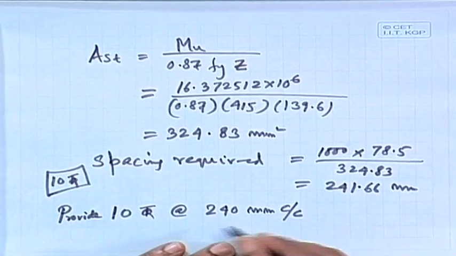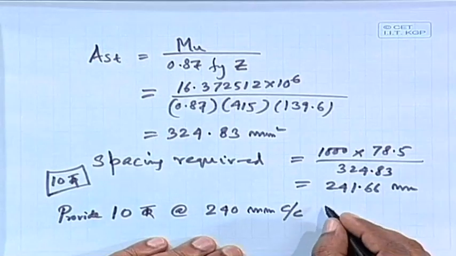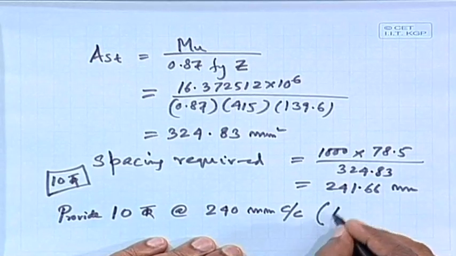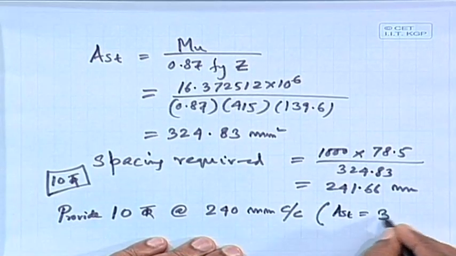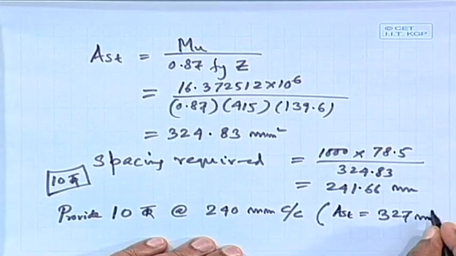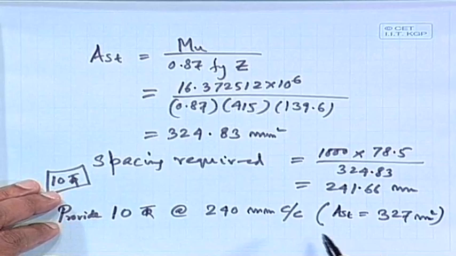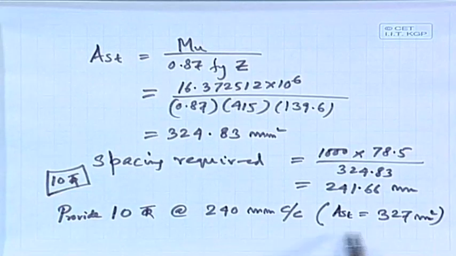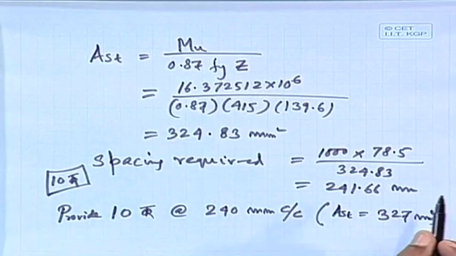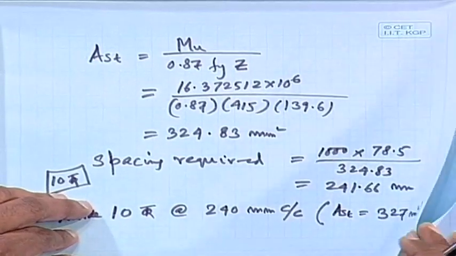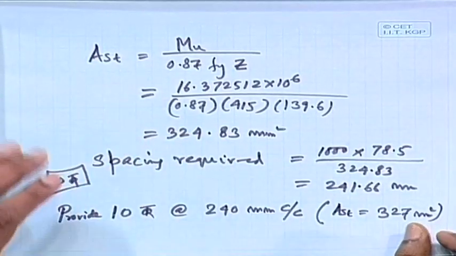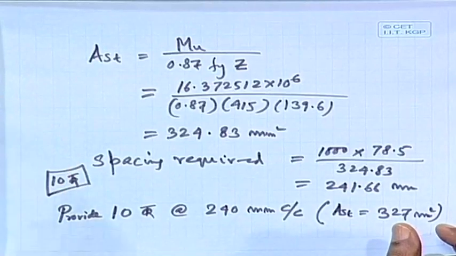We can go a little less also, but anyway. So, this is coming as Ast 327 square millimeter. It is always necessary to write down how much area of steel you are providing, because you may require it later on. That is why you always write this down, as we did last time also. So that you have to check it. So, up to this point we have provided the area of steel in the longitudinal side as well as in the shorter side.